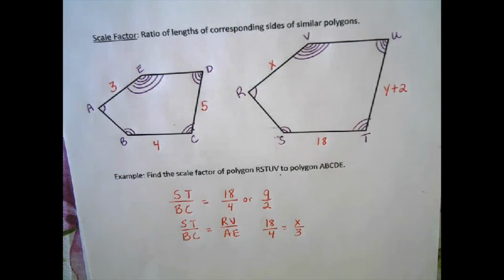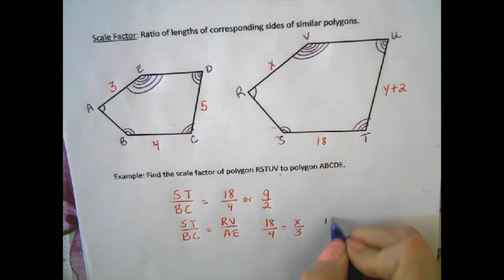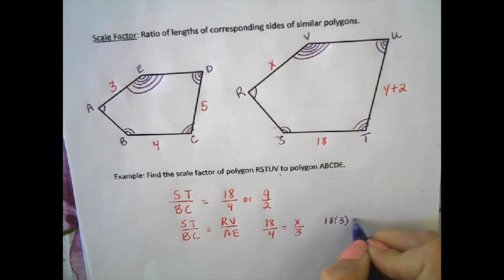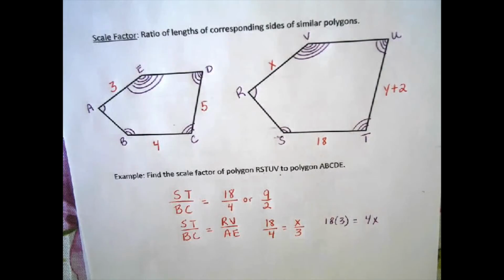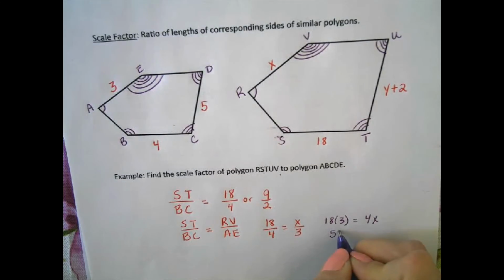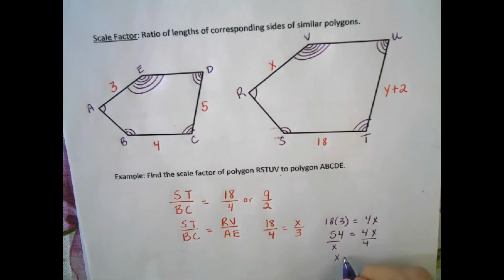I cross multiply in order to solve, and I get 18 times 3 equals 4 times X. That tells me that I have 54 equal to 4X. I would of course divide both sides by 4, and I would find that X is equal to 13.5.